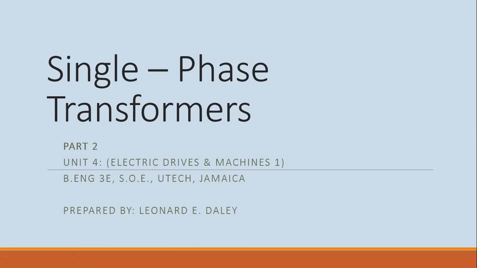All right, so we will continue from where we left off a couple weeks ago. We are now into part two of single phase transformers. You would recall that in part one, we had looked at the ideal transformer turns ratio, which was equal to voltage ratio.